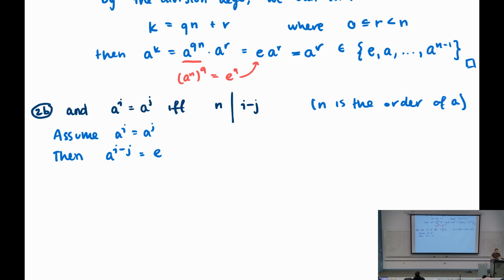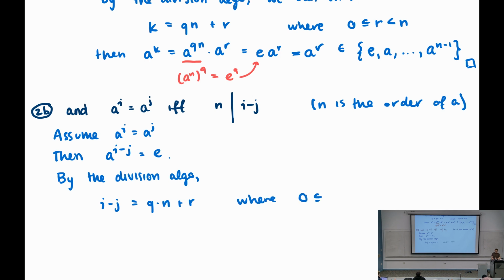So let's use the division algorithm on i minus j and divide it by n. By the division algorithm, we can rewrite i minus j as some q times n plus r, where 0 is less than or equal to r is less than n.